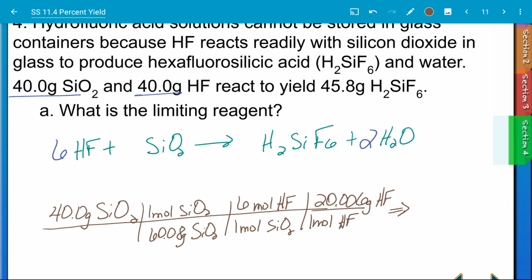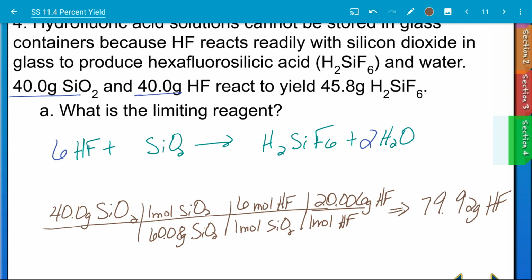So, let's see, get out my trusty rusty calculator here. I got 40.0 divided by 60.08 equals, multiply that by 6, multiply that by 20.006 equals, I will use 79.92 grams of hydrofluoric acid when I use 40 grams of silicon dioxide.